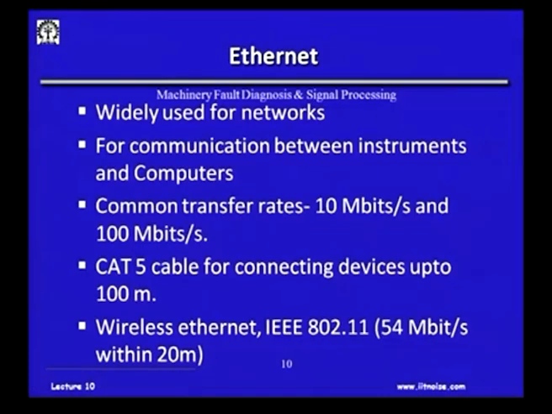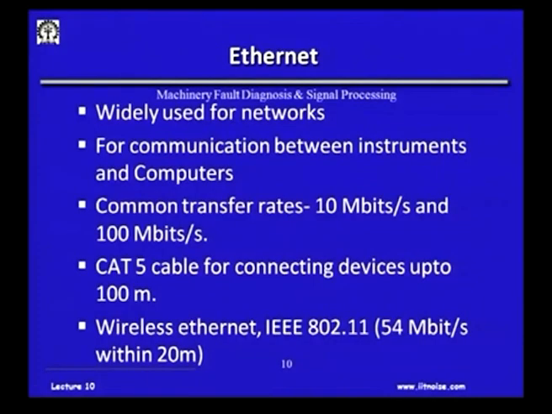But nowadays, the technology is such that once this digital data has been captured at maybe a server location, it needs to be transferred wirelessly, and the present limitation of wireless Ethernet is about 54 megabit per second and within only 20 meters, and beyond that the speed drastically decreases.